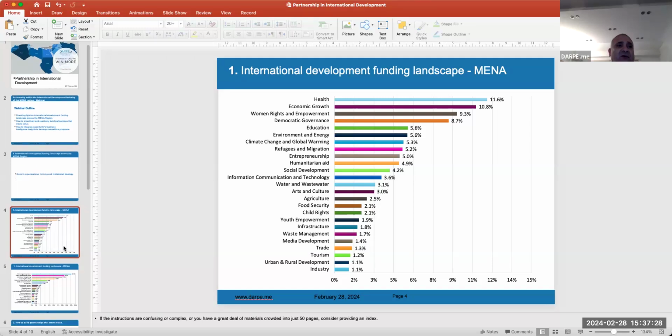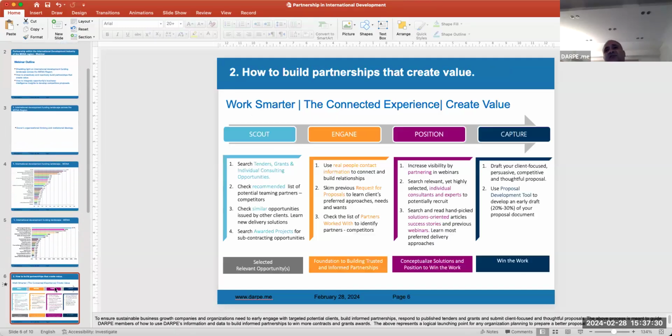Once we understand that, we go to the process of how we can build relationships. DARPE is based on a theory, as a structure of the website, that you see on your screens.